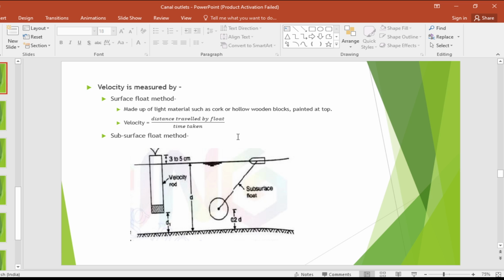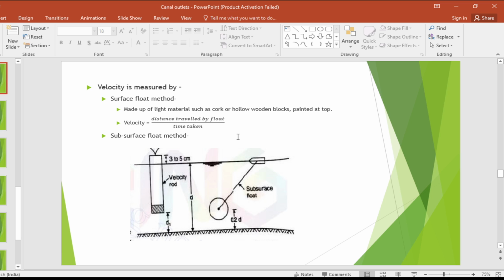If the channel section is sufficiently large, then the length of the test reach should be 50 meters to 75 meters. And if it is a small channel, then this length should be 15 to 20 meters.